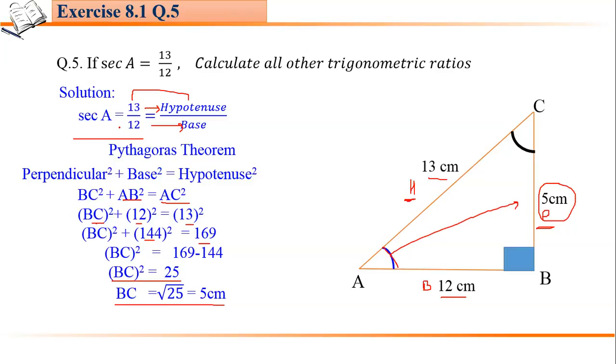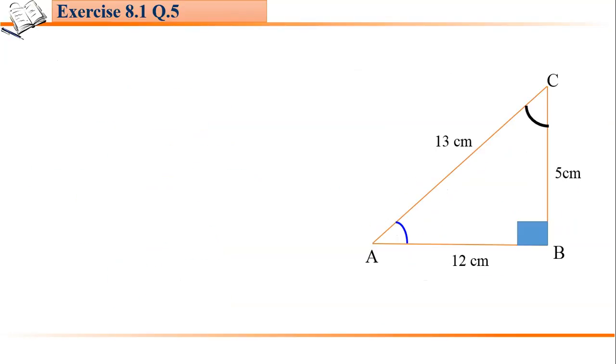Next we have to calculate all the trigonometric ratios, now that we have found all the measurements of the three sides of this triangle. The first trigonometric ratio is sine of angle A. Sine of angle A is defined as perpendicular upon hypotenuse. Perpendicular here is this side BC, because angle A is in consideration.